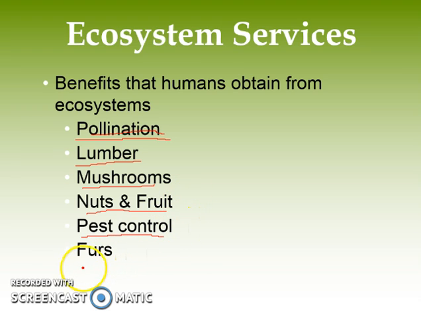You could use those. A lot of our furs are obtained from wild animals. So anything like this, fish in the ocean, is an ecosystem service. Plants clean the air and water we drink, and that's an ecosystem service. So anything nature does for us for free or provides to us is considered an ecosystem service.